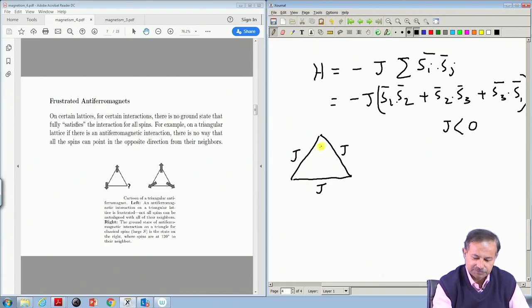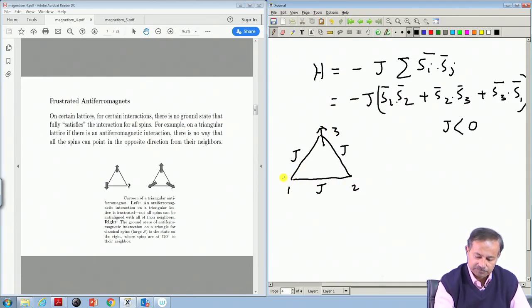And then, okay, fine, let us put a spin here, and these are spins, say for example, up and down quantum mechanical spins, spin half, with up and down components only. Then this is spin 1, 2 and 3.